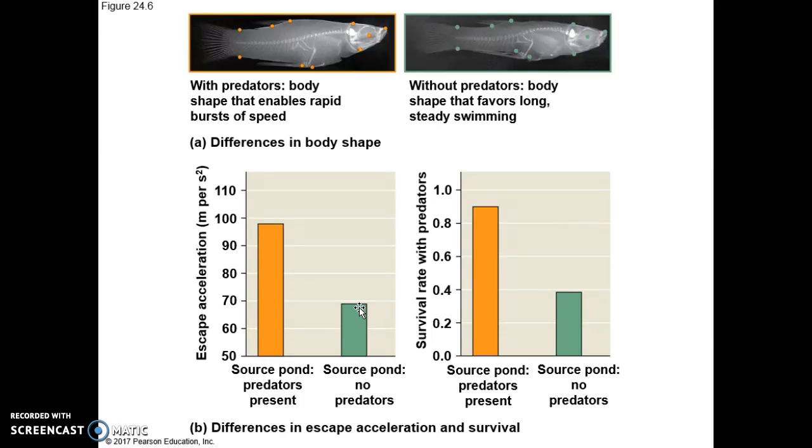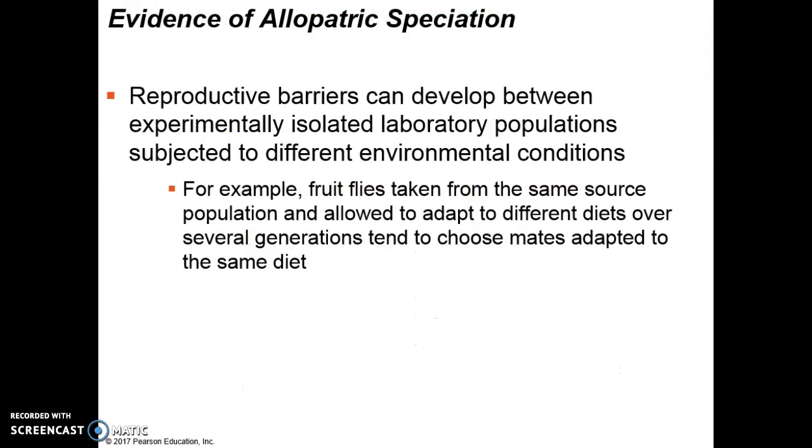So those mutations add up over time. Now the body shape becomes different. See, we have different markers. So those things add up to the point where even if you put them together, they can't make babies. I know that's a kind of a silly thing to say. I just keep trying to bring it back to that kind of basic example.